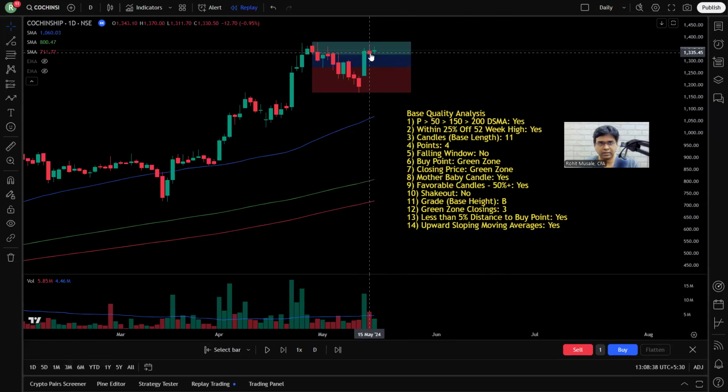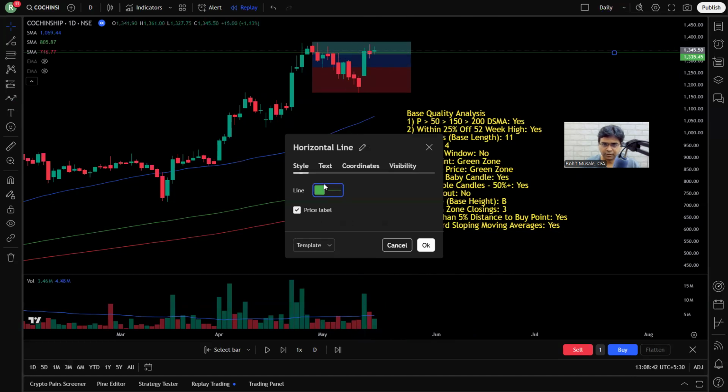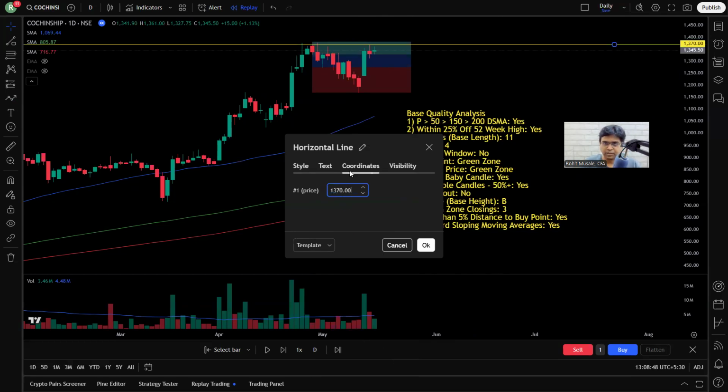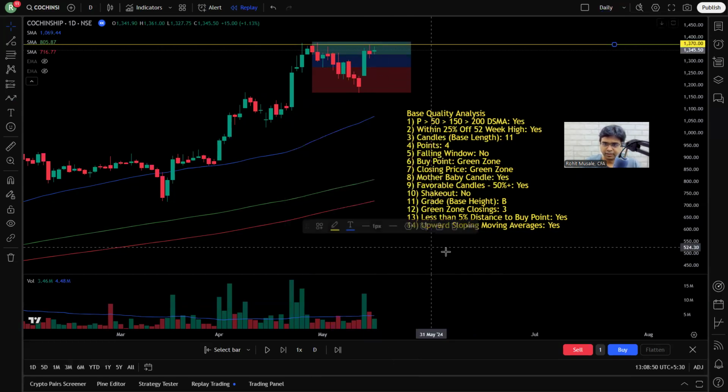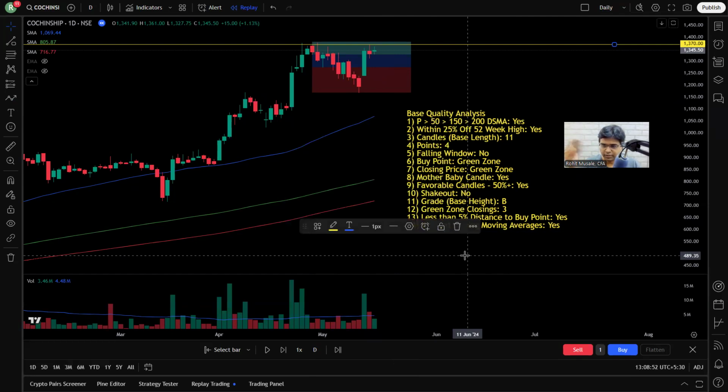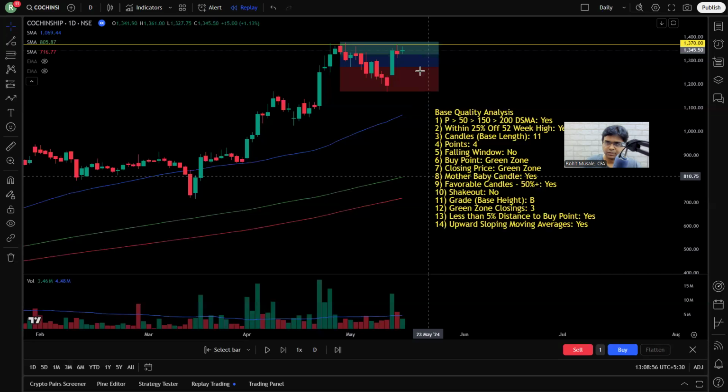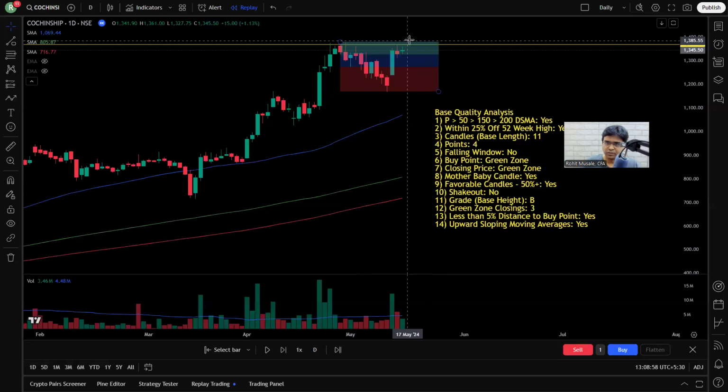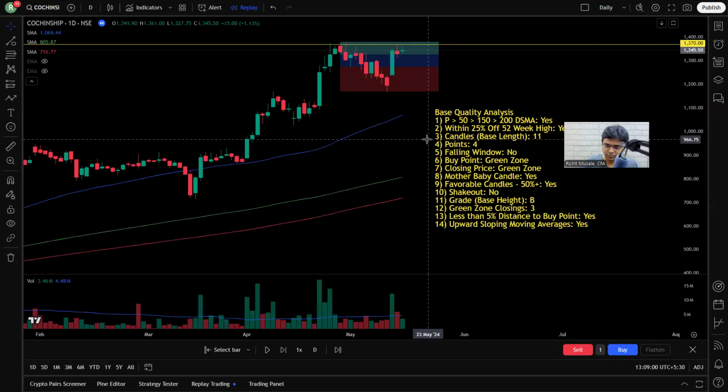This is buy point. The high of this candle is 1370. Let's draw that. See, the moment you draw this yellow line, immediately you can draw the other 4 lines. What are the other 4 lines? Well, first line is 1% above the yellow line. So 1370 multiplied by 1.01.